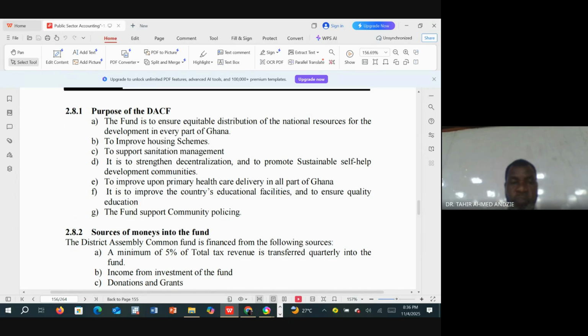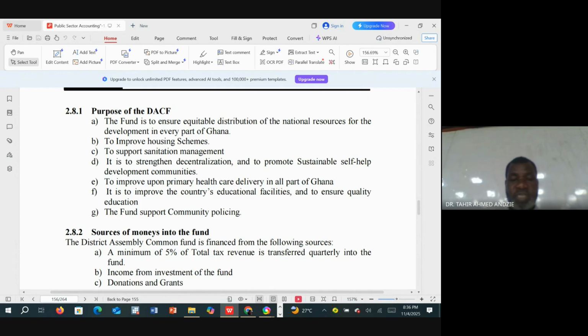So the purpose of this assembly common fund is, one, to ensure the equitable distribution of national resources for the development of every part of Ghana, and to improve housing schemes, to support sanitation management.